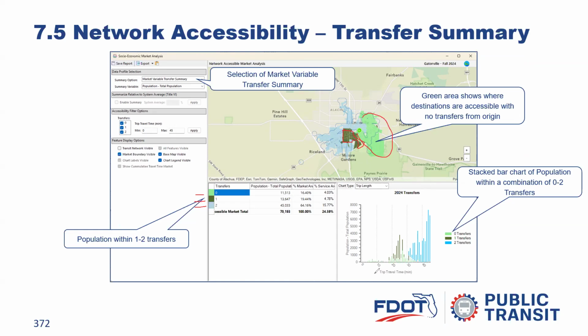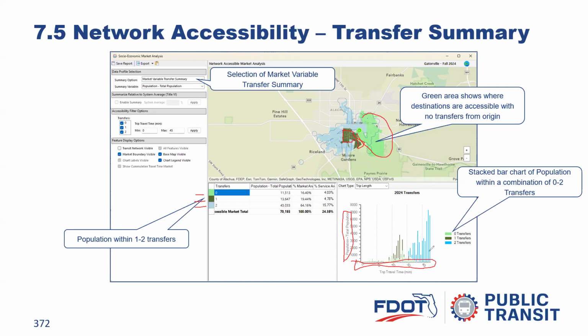So what's interesting about this too is that we also have this trip length chart type. So on the y-axis, we have total population. And on the x-axis, we have trip travel time, going out to 45 minutes again. So here's our 0, 10, 20, 30, 40.